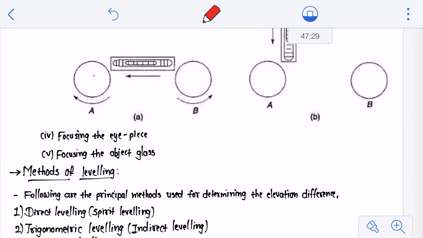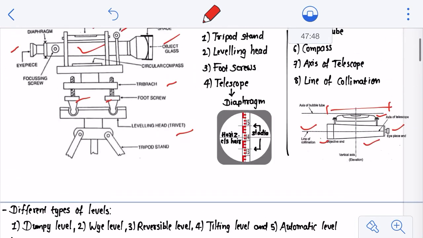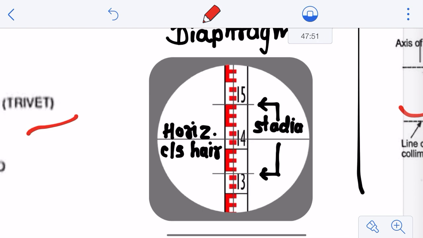What does it mean? As I said, the eyepiece is available with the diaphragm wall. So you need to rotate your eyepiece in such a way that your diaphragm comes completely clear. As we have seen in this figure, this diaphragm is completely visible.